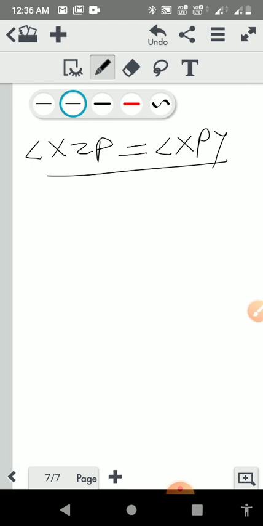Here these 2 points X and Y subtend equal angles at 2 distinct points, at point Z and at point T, that is a 90-degree angle, and which lie on one side of the line XY. Then we can say that these 4 points X, Z, T and Y are concyclic. So in this way you can easily prove the second question also.